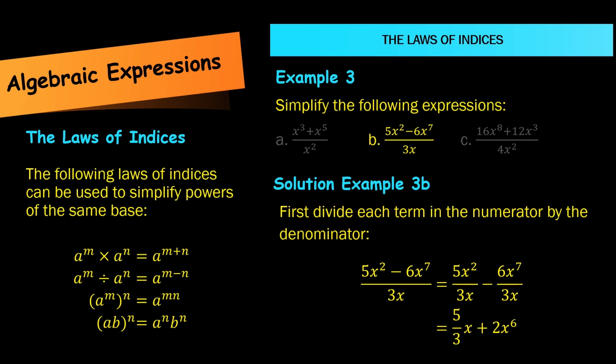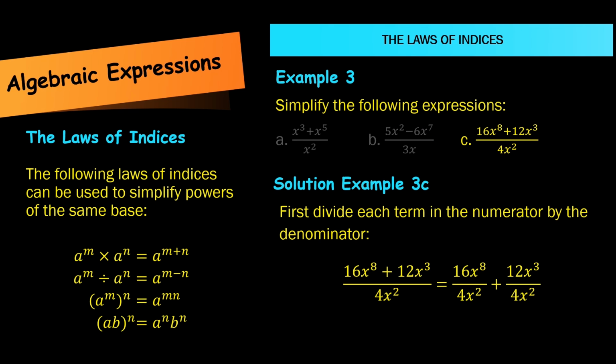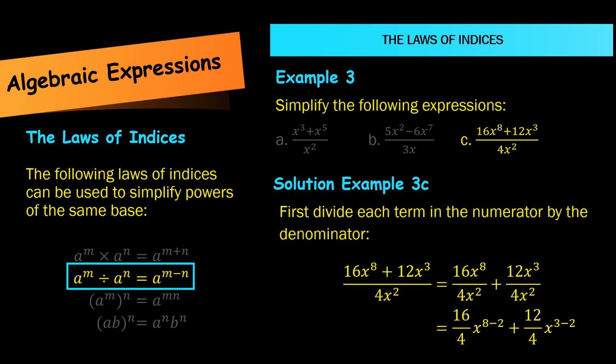And finally, for example 3c. Again, divide each term in the numerator by the denominator, as shown. And using the second law, 8 minus 2 and 3 minus 2.